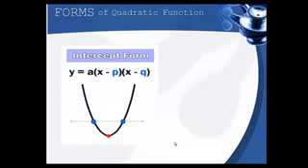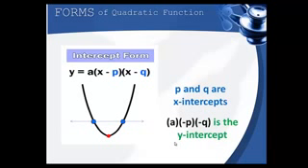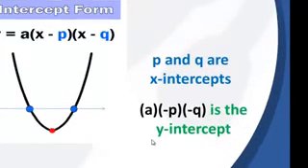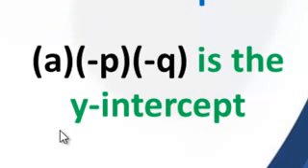The intercept form is y = a(x − p)(x − q), where p and q are the x-intercepts, and the product of a times negative p times negative q is the y-intercept.